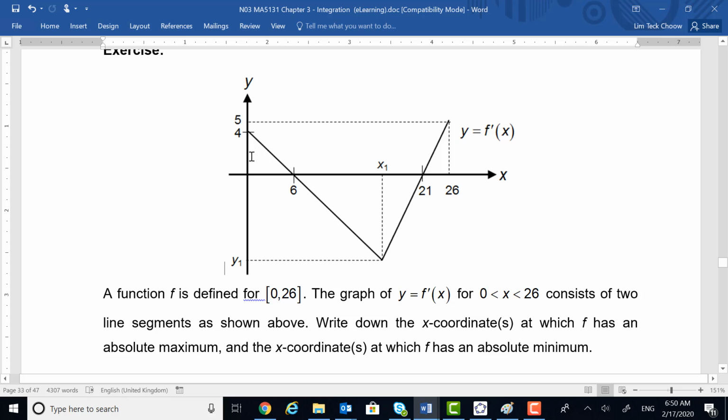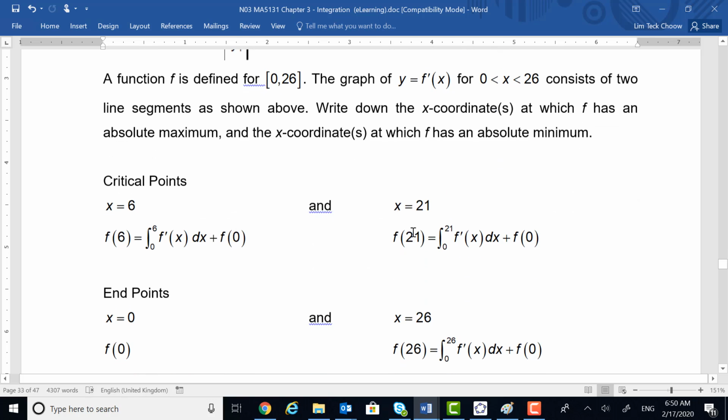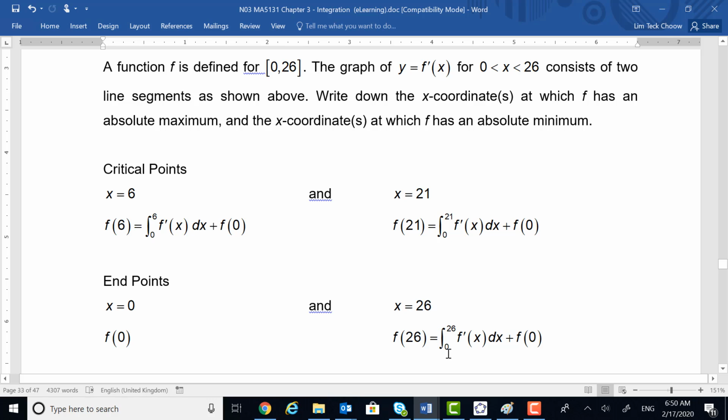So overall, when you integrate all the way to here, it should be a negative number, which means you expect this to be negative. So between these two numbers, this number is bigger. So among the four numbers, this is the biggest, which means the function f attains its absolute maximum when x is 6.